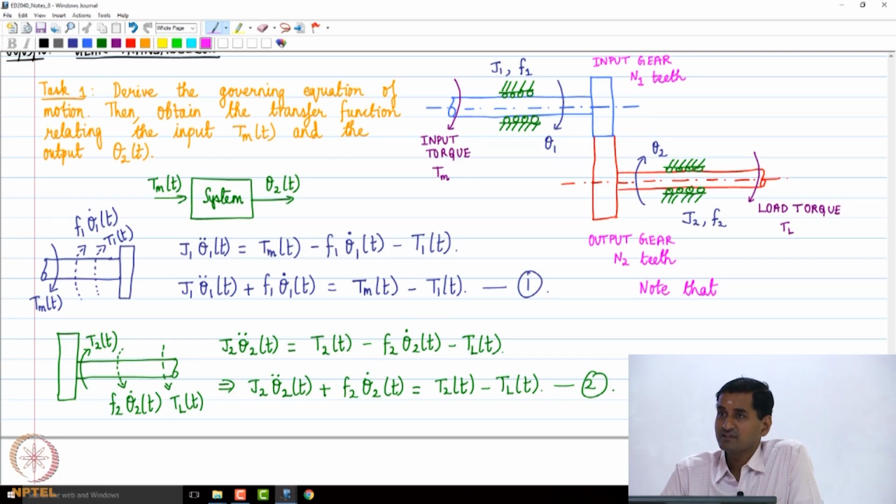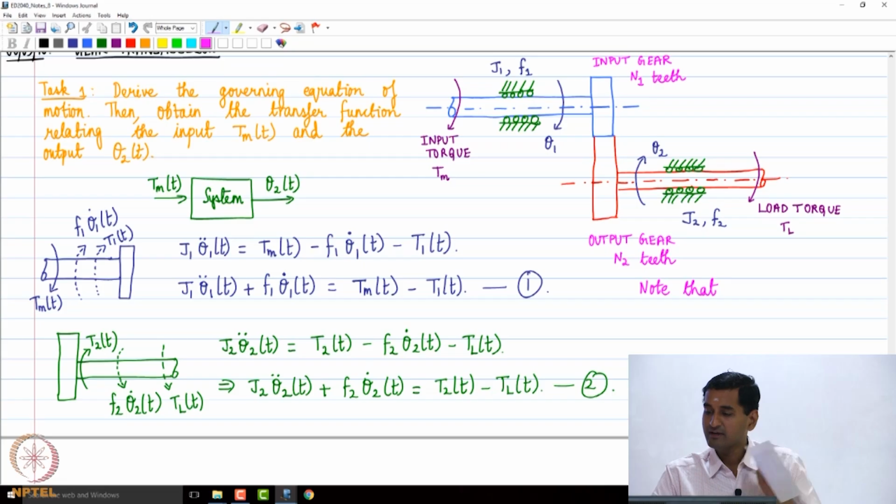There are various ways to look at it. If two gears are in mesh with each other, the pitch should be the same, only then will they mesh. Using those ideas, one can easily get a relationship. I will write down the relationship, you think about it as homework. You figure out how we can get it.